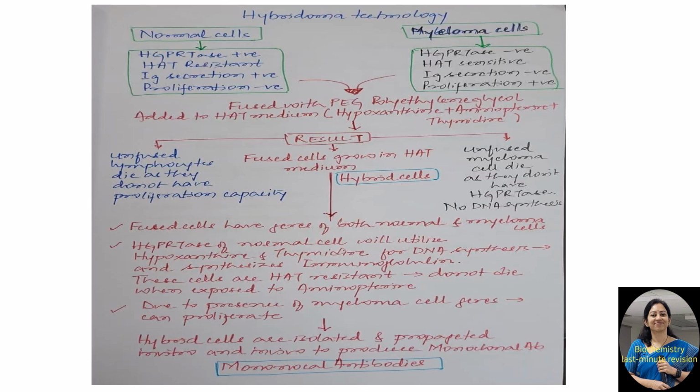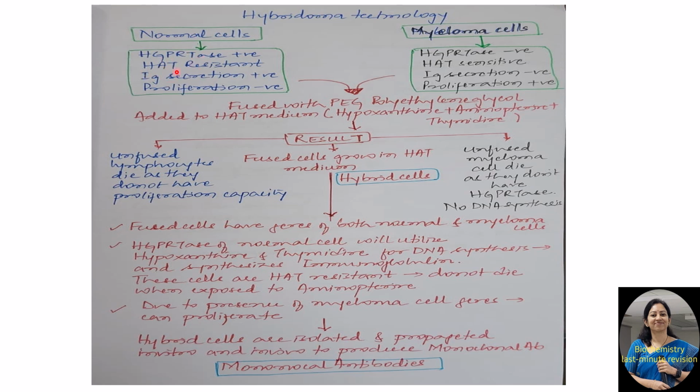Coming to the technique of hybridoma technology producing monoclonal antibodies. What happens is normal healthy cells from mice are picked up, and these are usually the T cells, and they possess the following characteristics. They are HGPRTase positive. HGPRTase is the enzyme from the salvage pathway of purine, so that de novo synthesis of purine can take place.